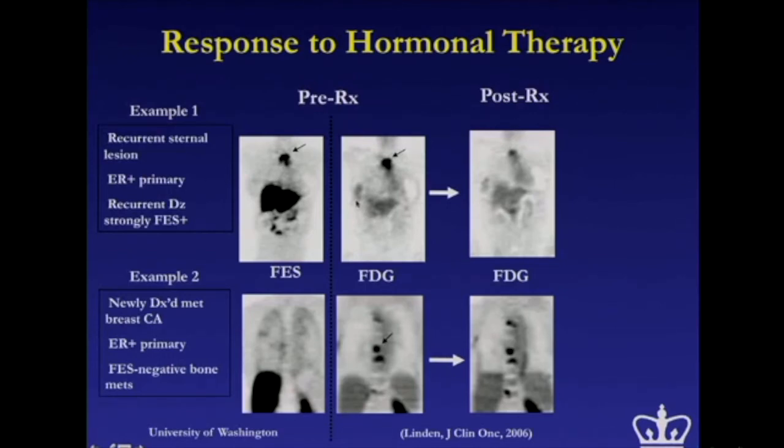On the other hand, if the patient does not have estrogen receptor positive disease, that patient's disease is not going to respond to aromatase inhibitor therapy, which is very specific to estrogen and progesterone receptors.